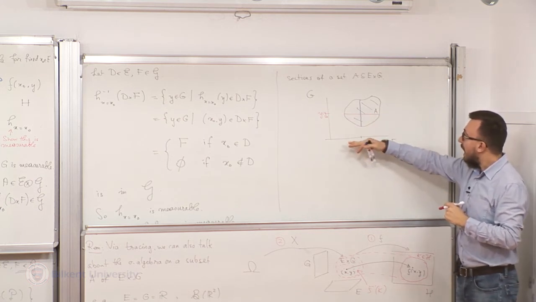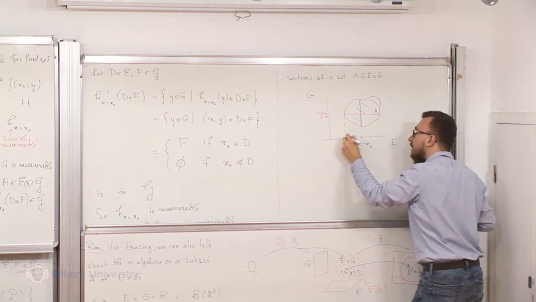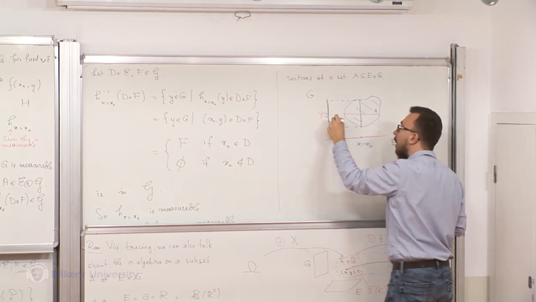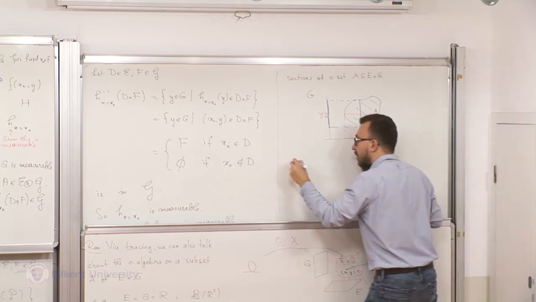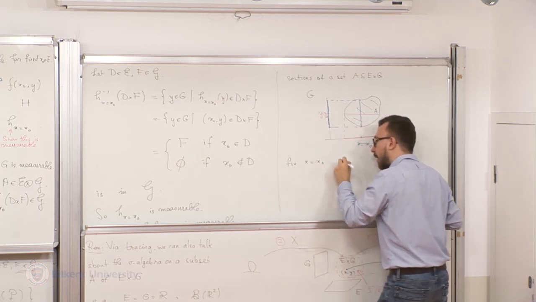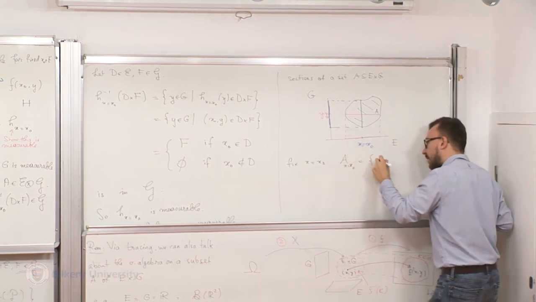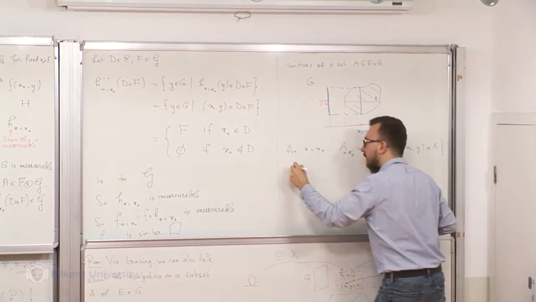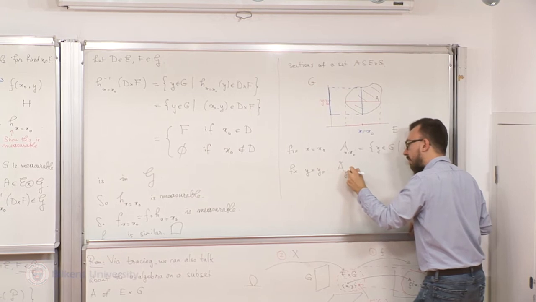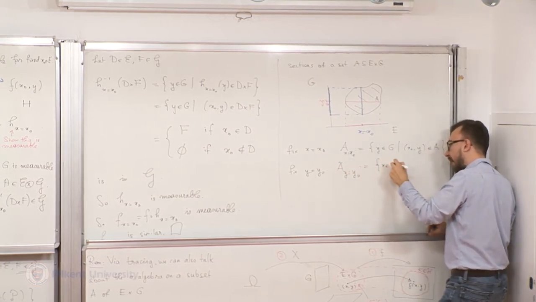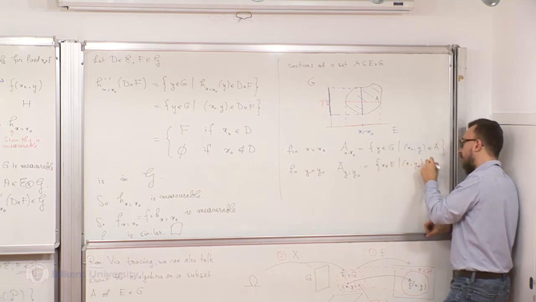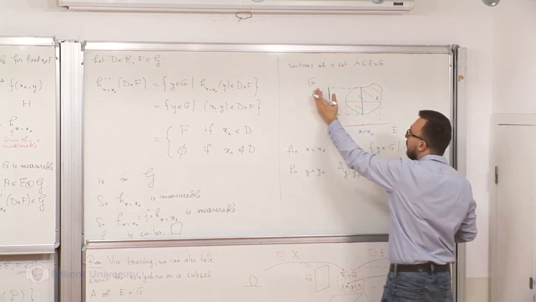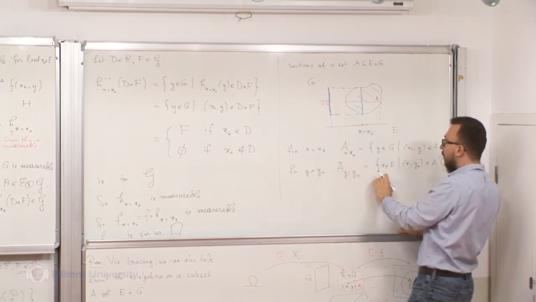So you can see this line segment as a subset of the first space, and you can see this one as a subset of the second space. So let's define: fix x equals x0, and then you can define the section as the set of y's for which x0y is in A. And fix y equals y0, then you can define the section of A at y equals y0 as the set of x values for which x and y0 is a point in A. So x0 and y is a point in A, but you see it as a subset of the second space, or in the second case, as a subset of the first space.